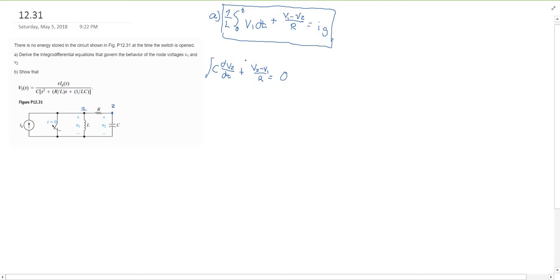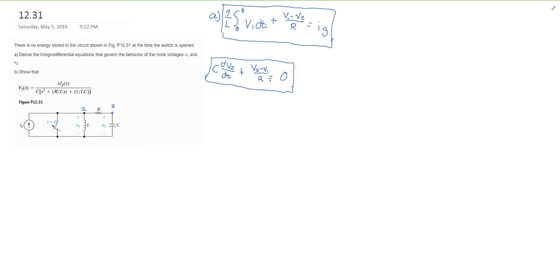And this one's our second integral differential equation. Again, notice the first one corresponds to node 1 and the second one corresponds to node 2, respectively.